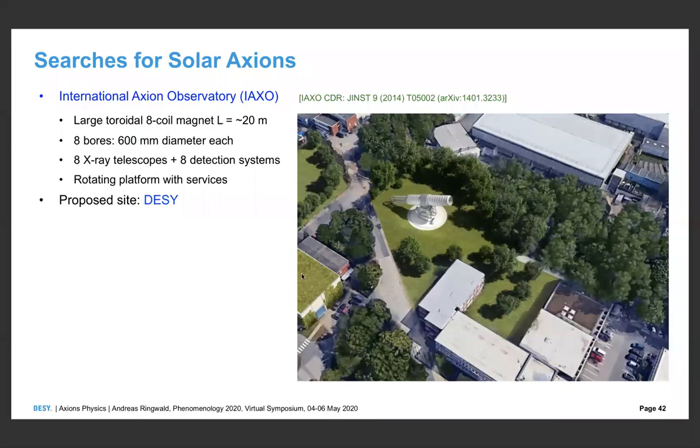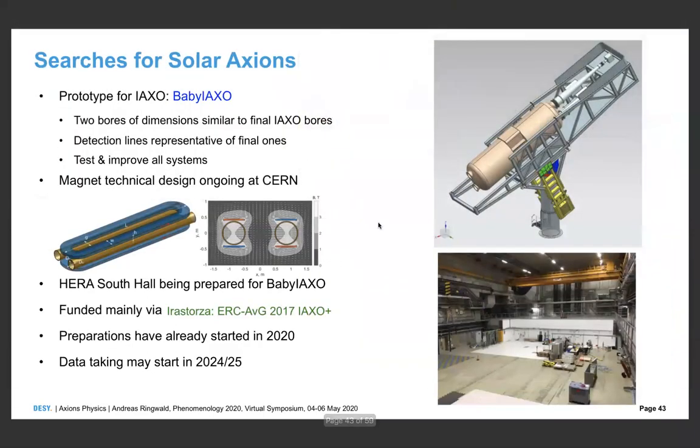The proposed site is DESY, but before one can start with that, we are doing now a prototype for IAXO, the so-called BabyIAXO, which uses just 2 bores of dimension similar to the final IAXO bores, but similar detection things, and it's nearly funded.